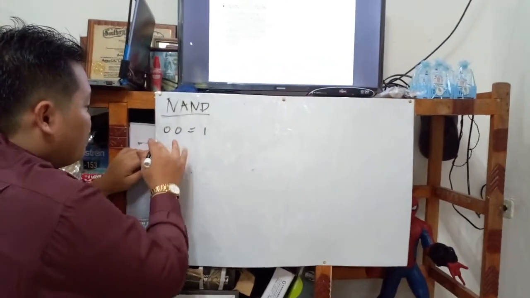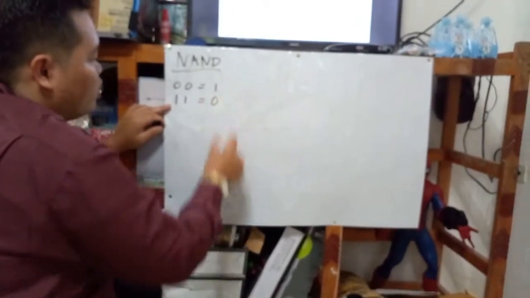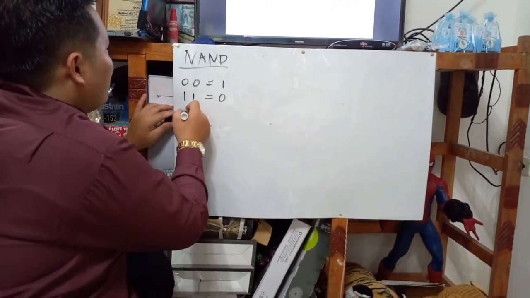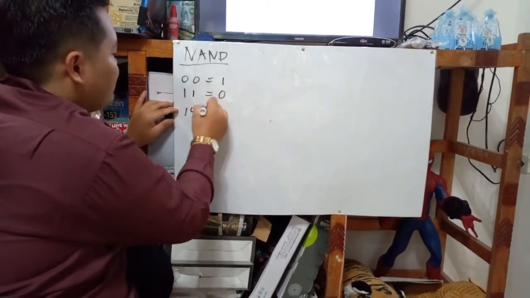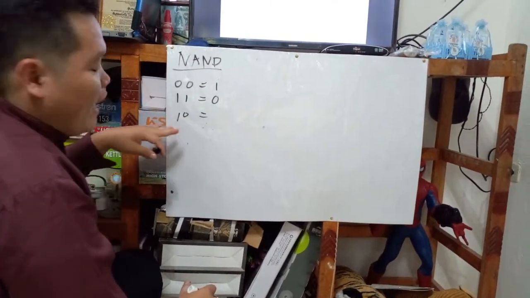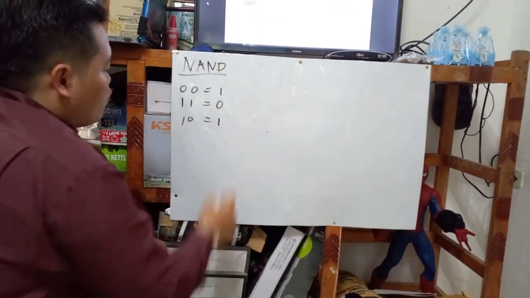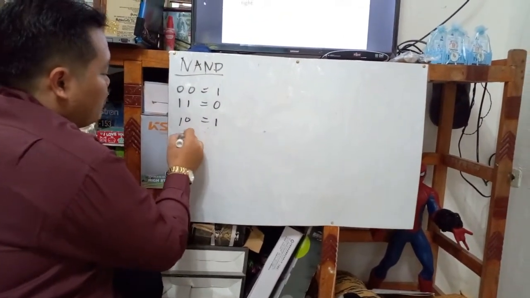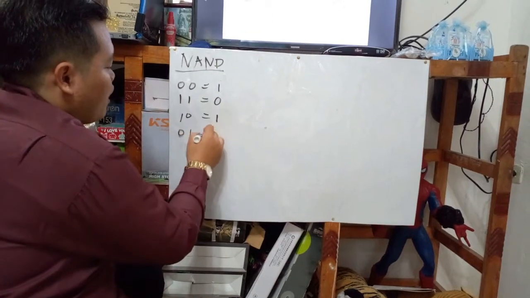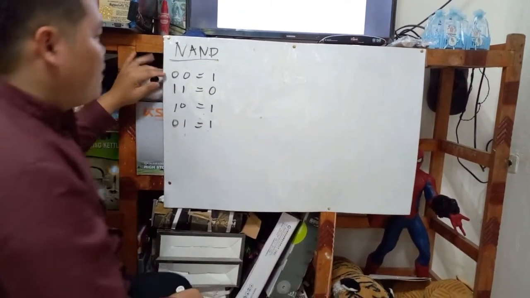If ang imong statement is all true, invert into false. If ang imong input is not the same, 1 and 0, so your answer will be true. And another one is imong gi-input is 1 false and 1 true, your answer will be 1. So this is the NAND under sa imong logic gates.